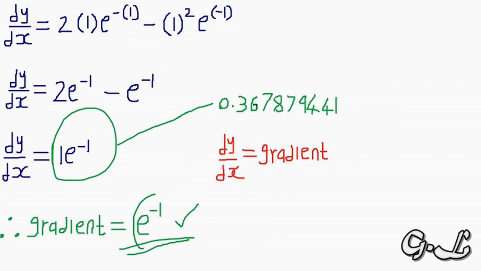Because when you consider 0.367879441, you have to round it off, and you're not going to get an answer that is as accurate as e to the negative 1.